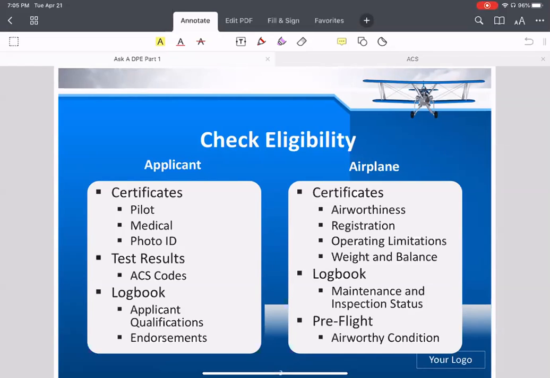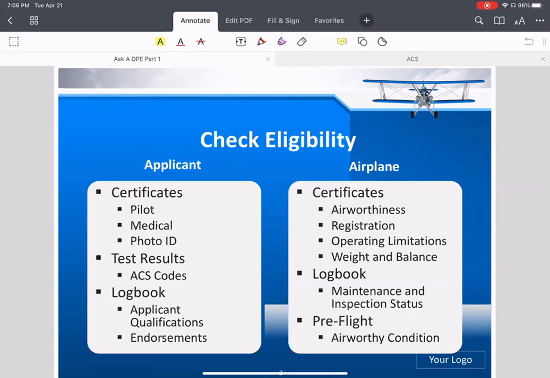Most importantly, the photo ID has to match the pilot certificate, and the test results have to match that. Now, as of the 13th of January, you have to have an IACRA account, and you have to have an FTN number to even schedule a knowledge test.